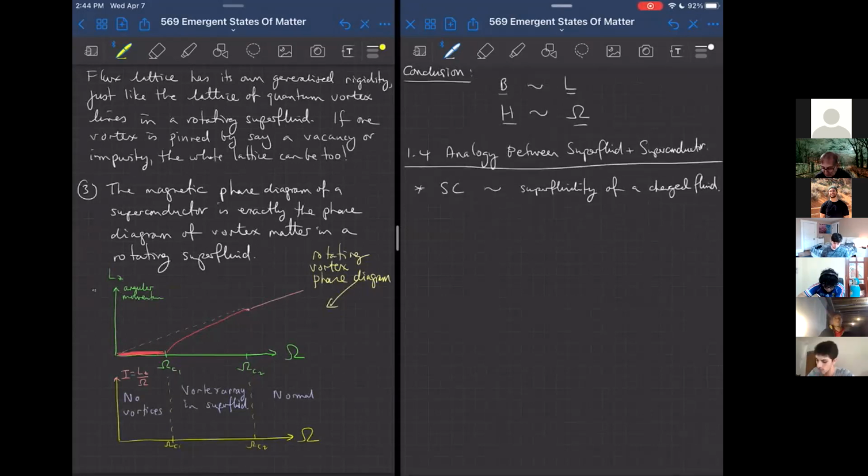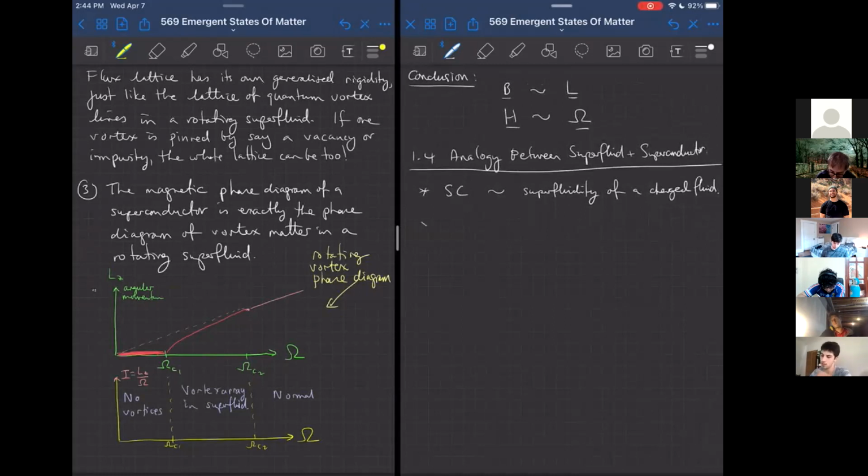The complication, though, at least for a superconductor, is that the superconductor is made out of fermions. And so what that means is that they have to form some kind of boson. And that's the famous Cooper pair.